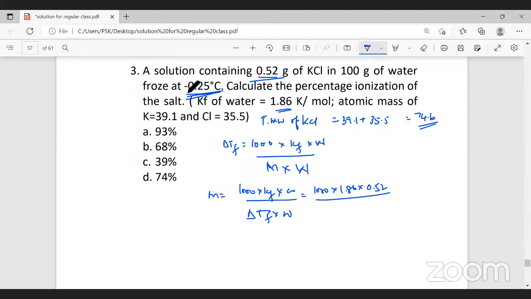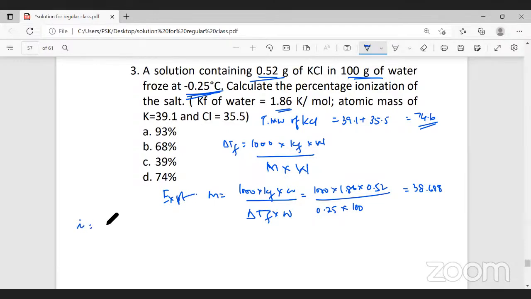This minus sign indicates a decrease, so do not use the minus sign. The decrease is 0.25. And the mass of the solvent is 100. On simplifying, we get 38.688. This is the experimental or observed molecular mass.